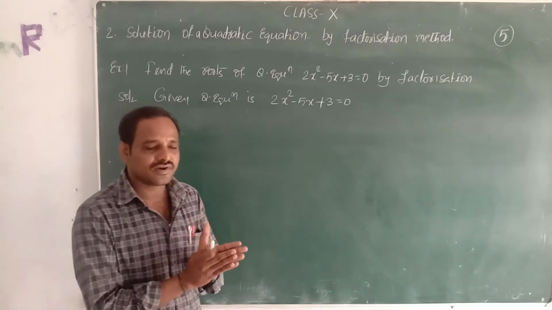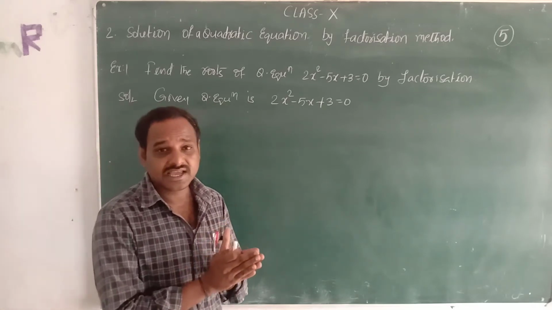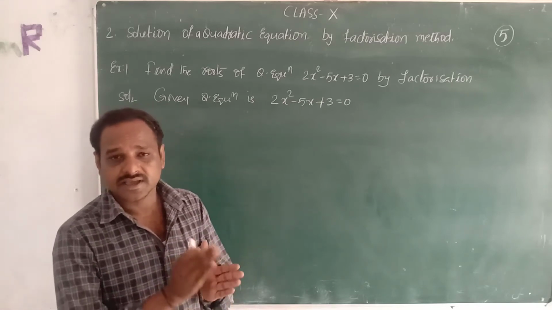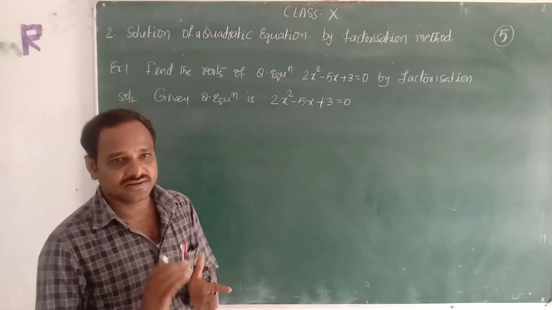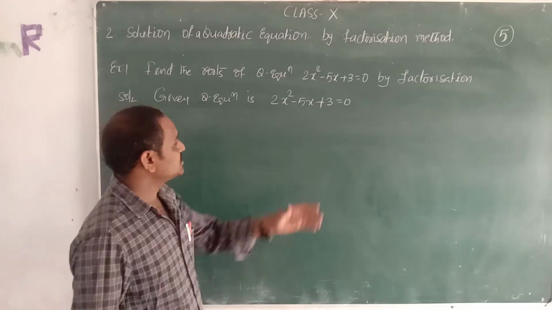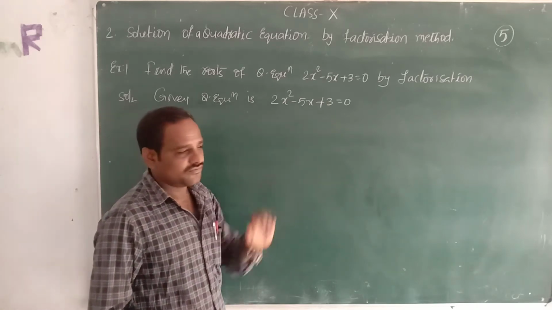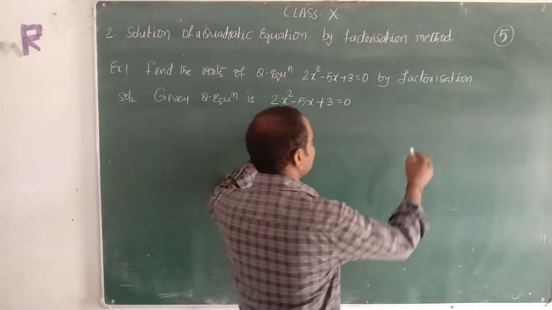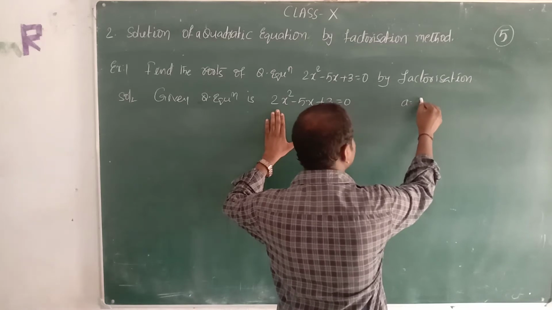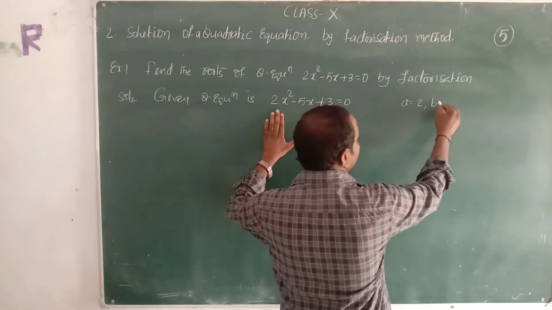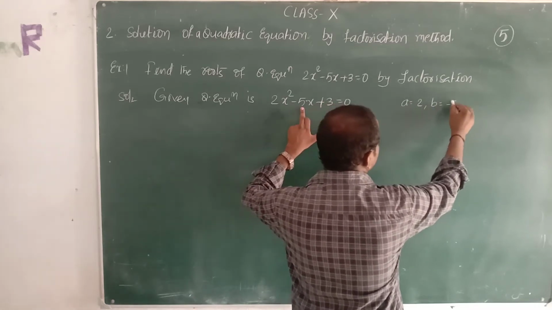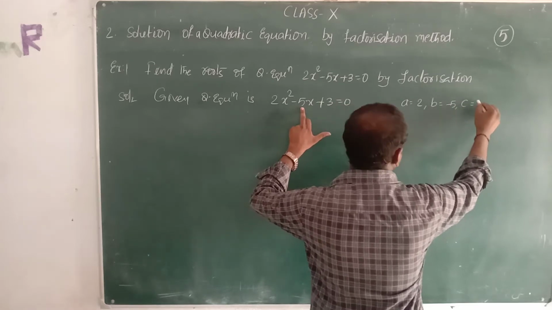So the general form of a quadratic equation is ax square plus bx plus c is equal to 0. So we have to compare with that general form. Then you will get the value of a is equal to 2, the value of b is equal to minus 5, and the value of c is equal to 3.